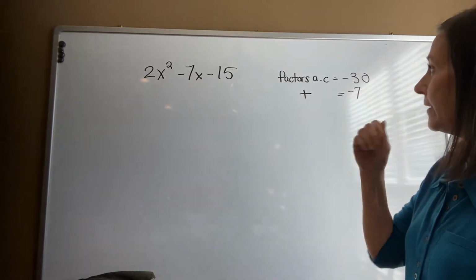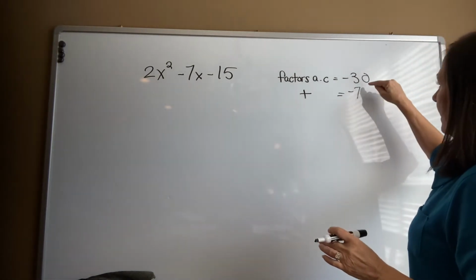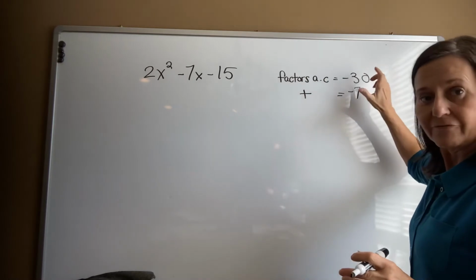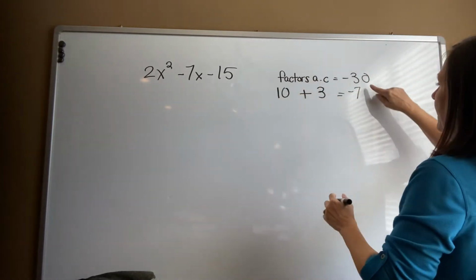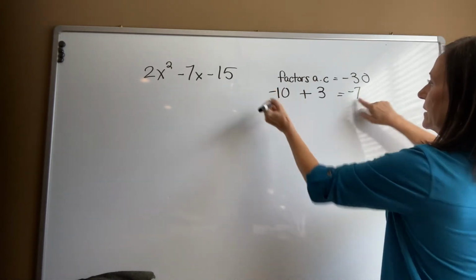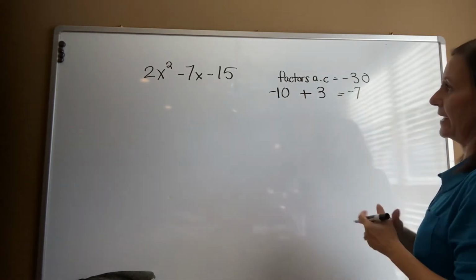All right, I can already see that it's going to be a 10 times 3 because that difference is 7. All right, so it's going to be 10 and 3, and my negative is going to be the 10 because negative 10 plus 3 is negative 7.